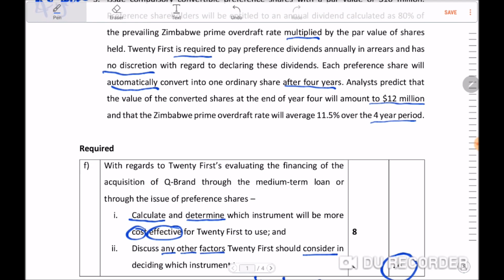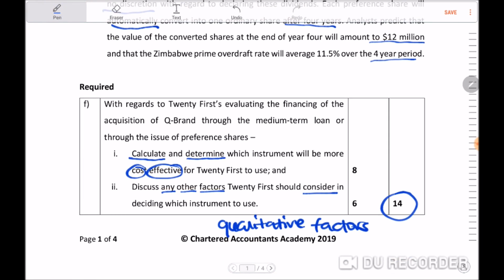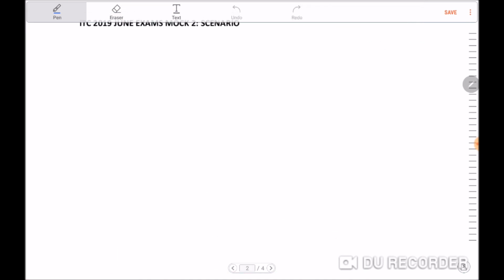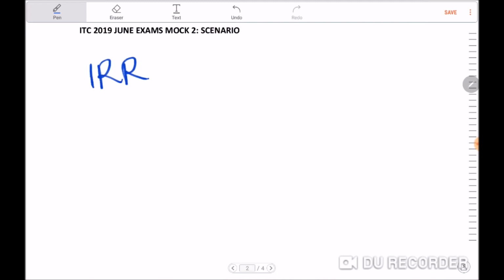Now, for us to determine cost effectiveness, we need to calculate our IRR, or rather the cost of capital. It is from this cost of capital that the cost effectiveness stems.